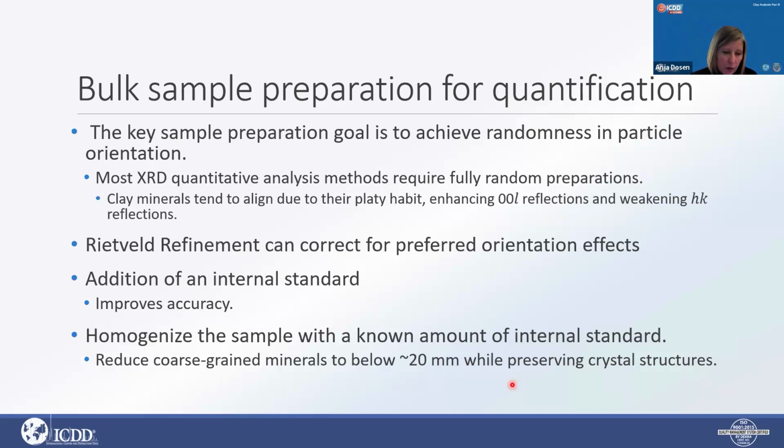Another thing that is very useful is an addition of an internal standard. This improves accuracy very much. We need to homogenize the sample. This is something that is very important. We want to reduce the coarse grain minerals, and we also want to preserve the crystal structure.